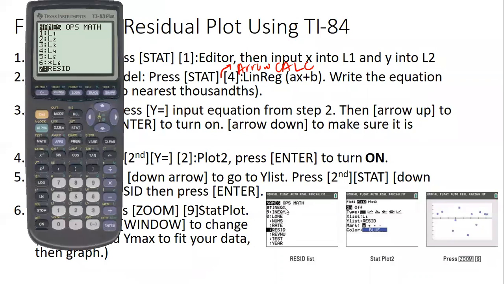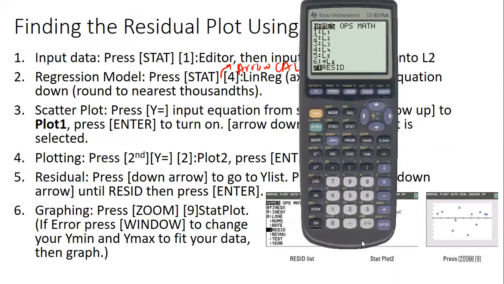On your screen, you can't just press 7. You got to scroll a little bit more. I tried to put a screenshot. It should have looked like this. Now it should say RESID. You put that under the Y list.